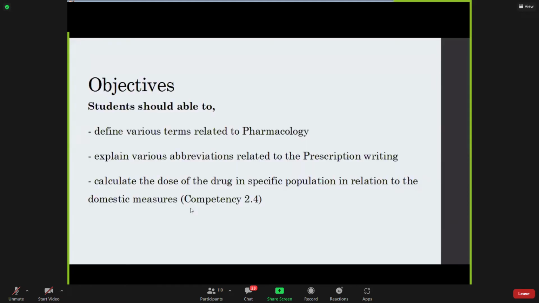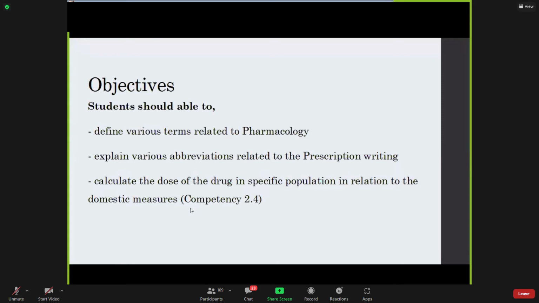Now, the objectives of today's practical are, at the end of this practical, you should be able to define various terms related to pharmacology. You should be able to explain various abbreviations related to prescription writing, and you should be able to calculate the dose of the drug in a specific population.